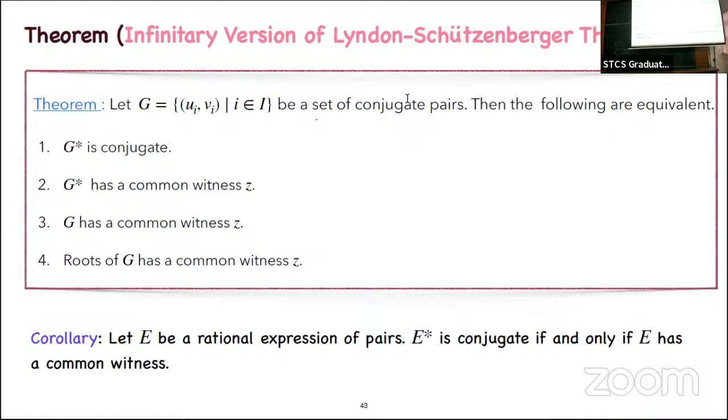Is this the theorem that justifies the definition of common witness, or does common witness appear earlier? No, we haven't seen the notion of common witness for sets. If the definition is unclear, why the definition? This theorem is what actually justifies it.